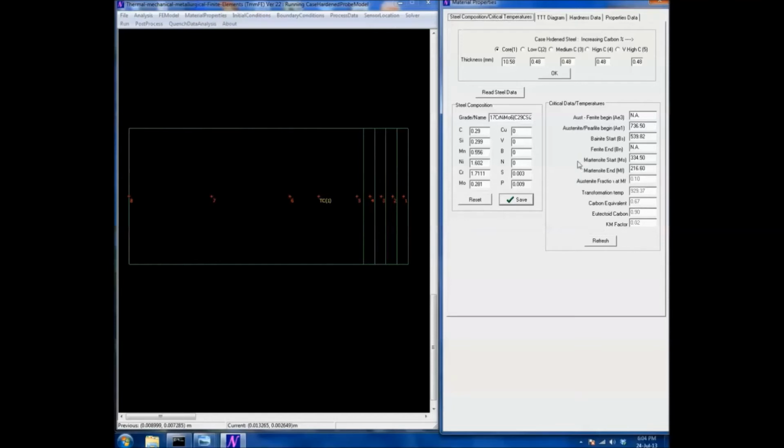It constitutes the AE3, AE1, bainite start, martensite start, martensite finish, and other important data. As you move towards the surface, you will see that the carbon percentage increases from 0.29 to 0.35 to 0.45 to 0.65 and 0.85 on the surface.